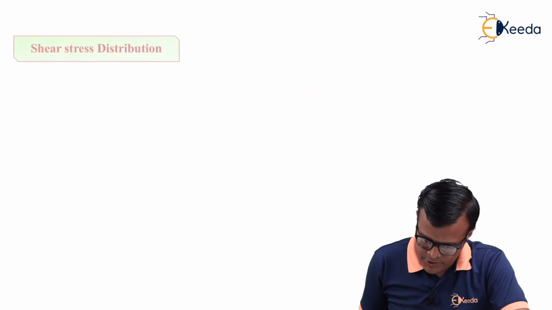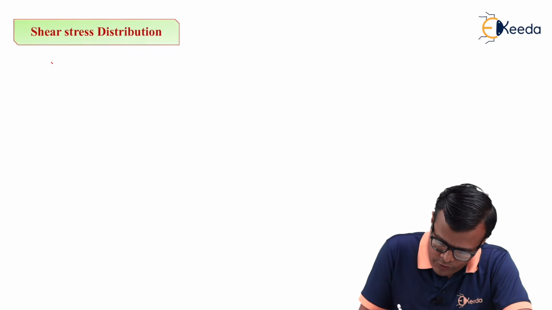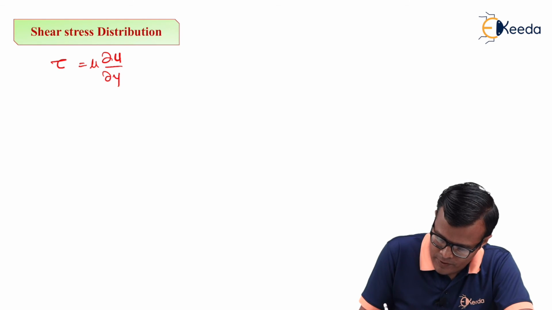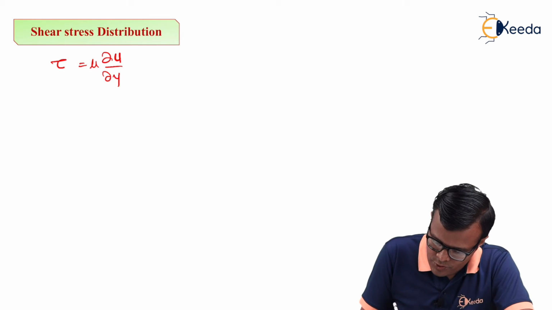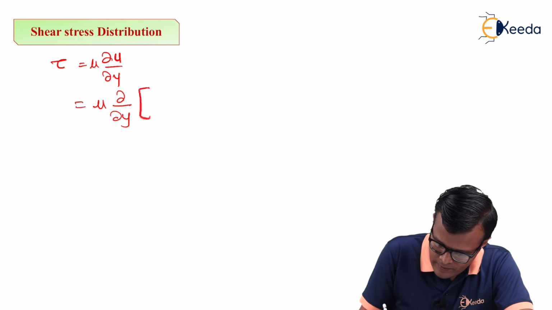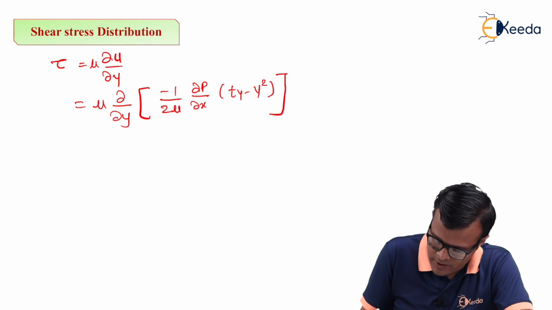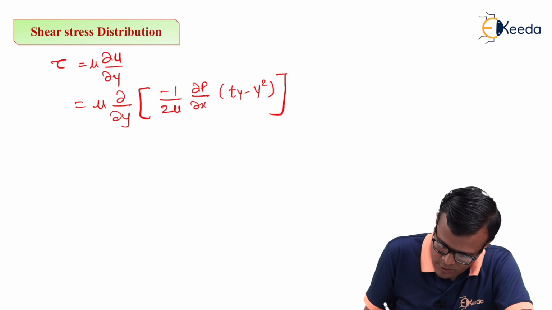Now let us see the shear stress distribution. We all know the formula tau is equal to mu into du by dy. So mu del u by del y, now u value is minus 1 upon 2 mu del p by del x in bracket ty minus y square. So in these terms, again we are taking common terms outside the bracket.